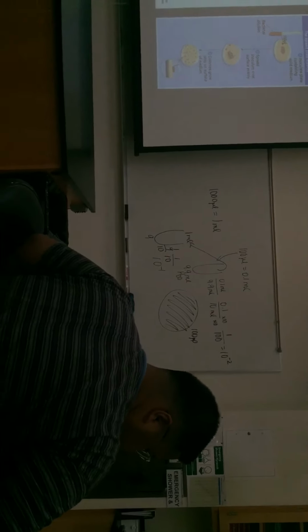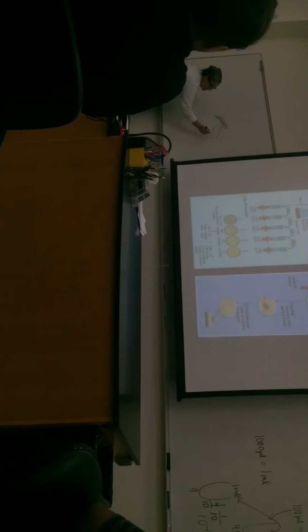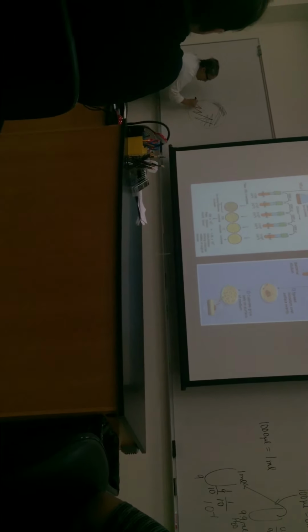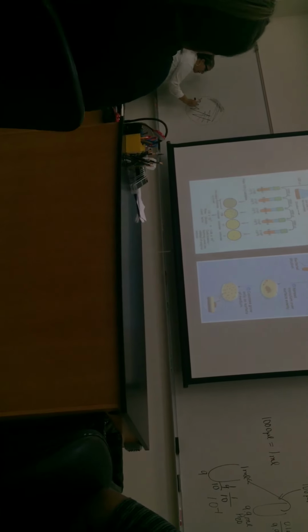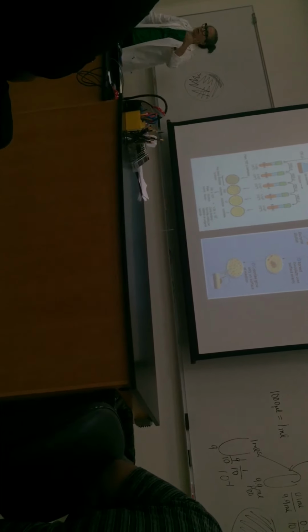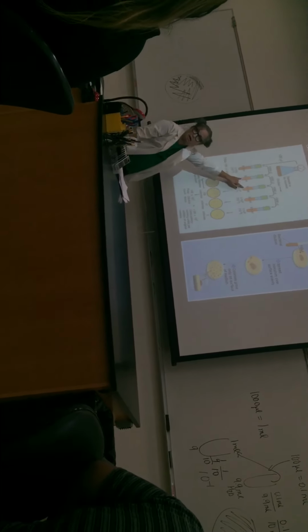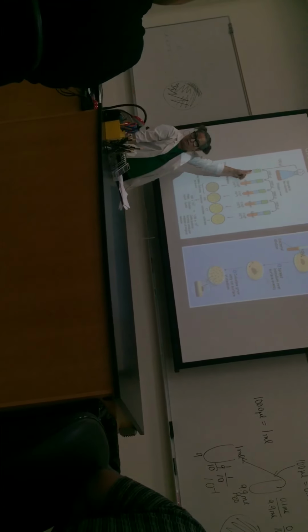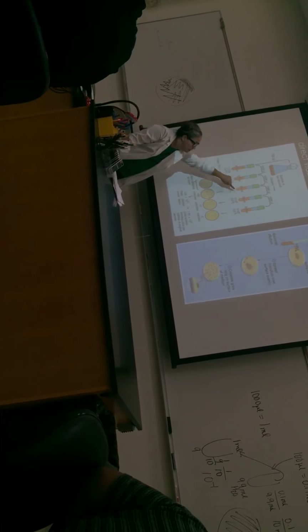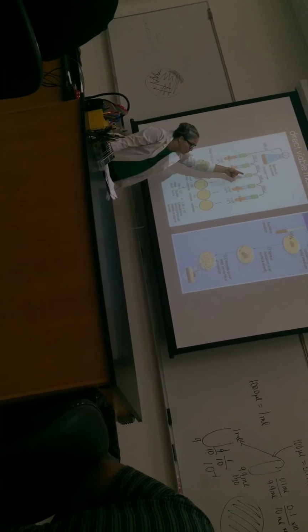And then just like with your streak plate, we sterilize and spread around and sterilize and spread around. You do the same thing serially. You keep diluting, right? But your dilution factor doesn't change. It's 1 mil to 10 total, 1 mil to 10 total, 1 mil to 10 total.